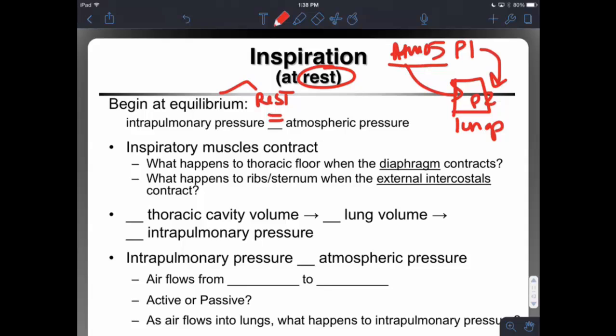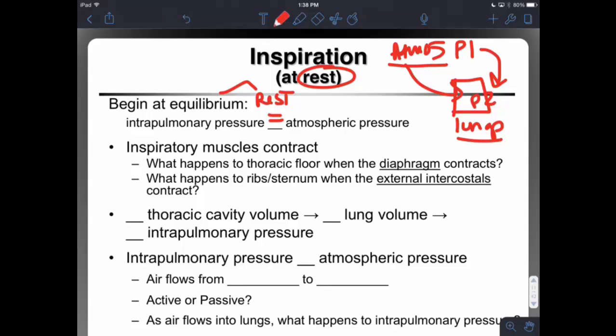And the way we cause this to happen is not by changing the atmospheric pressure, because we don't have the ability to change the atmospheric pressure, but what we can do is change the lung pressure. So if they're currently equal and we want the atmospheric pressure to be greater, then what we can do is reduce the pressure in the lungs.